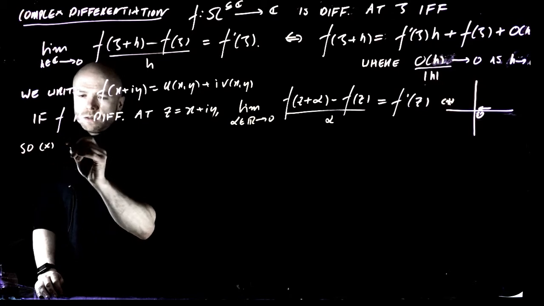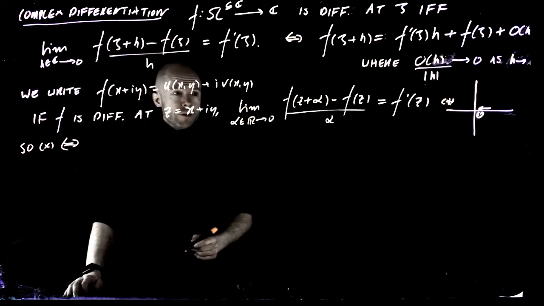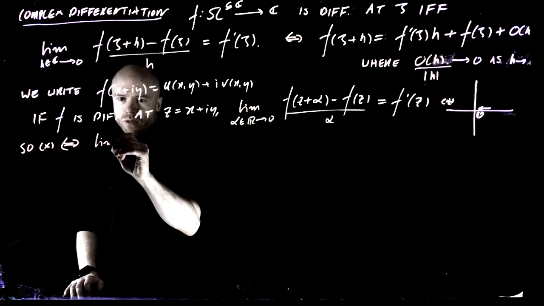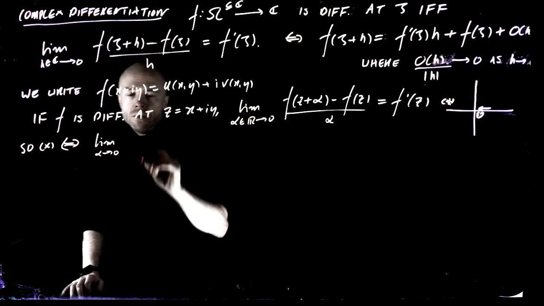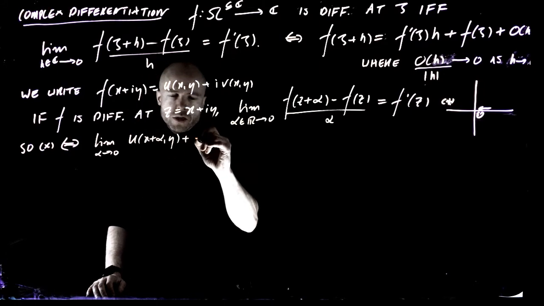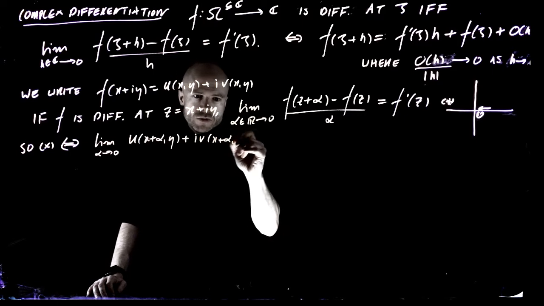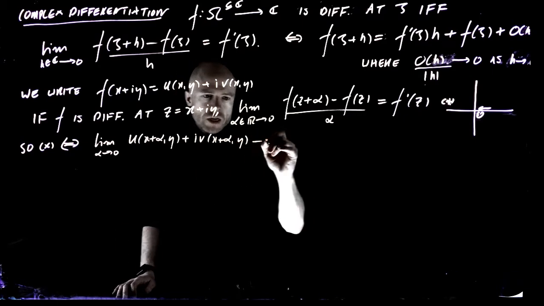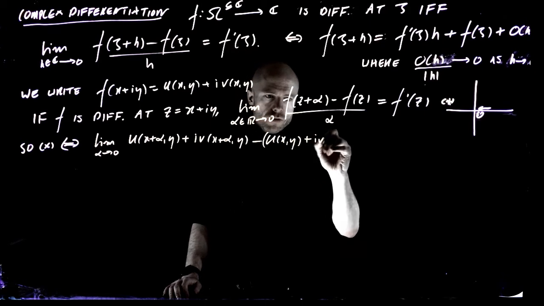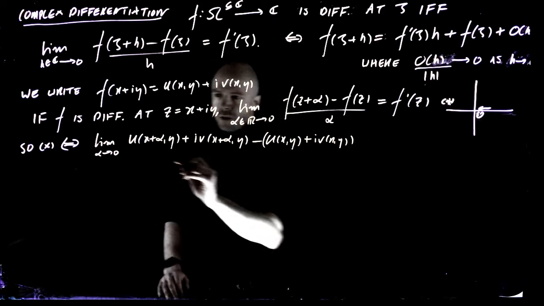So star is equivalent to the limit as alpha goes to 0 of u of x plus alpha, y, plus i v of x plus alpha, y, minus u of x, y plus i v of x, y, over alpha.